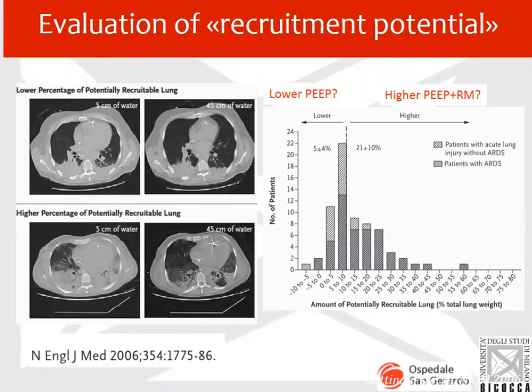So this requires, of course, first of all, the transfer to the CT scan and the use of at least 2 levels of pressure to assess the presence of or the amount of lung which can be recruited.